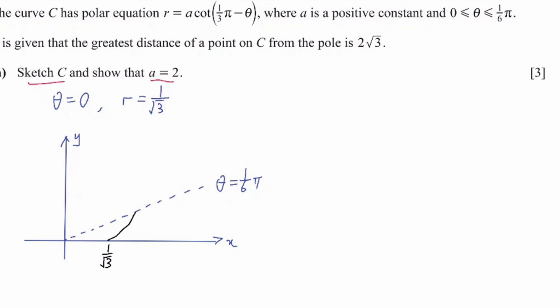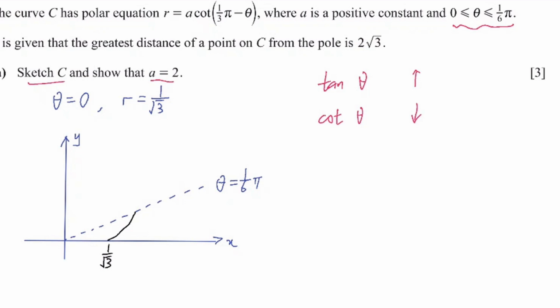So if you look at the pattern here, we look at it step by step. Let's say we have tangent theta, so the graph is increasing. We are looking at 0 to 1/6 pi for the situation here. Tangent theta is increasing. Cot is 1 over tangent, which will be decreasing.